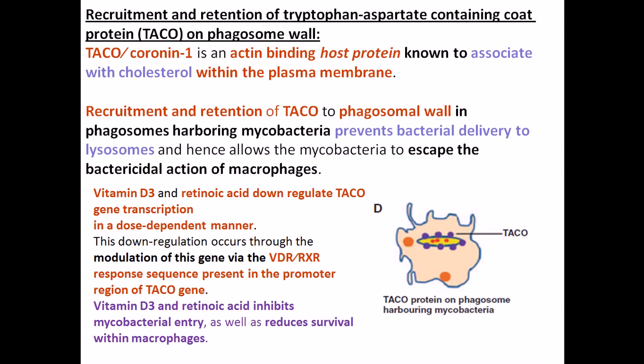That's why vitamin D3 consumption is important if you are infected with Mycobacterium tuberculosis, because vitamin D3 will downregulate the activity of TACO so that the bacteria can be degraded, can be killed, because of the earlier fusion of lysosome with the phagosome. Okay, and also the downregulation occurs through modulation of genes via the VDR and RXR response sequence present in the promoter region of TACO.